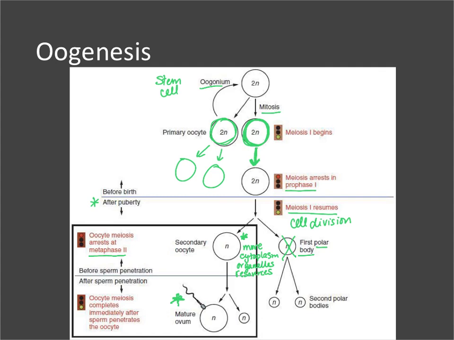So the main reason why we even have these polar bodies is just to have a way to get rid of those extra chromosomes that we made earlier in the process. All right, so these are just like packages of chromosomes that essentially just get thrown away.